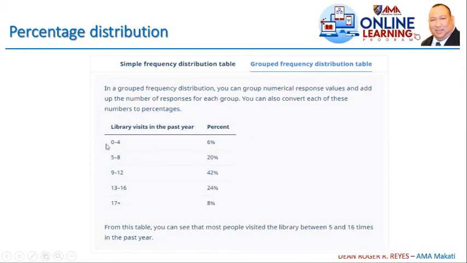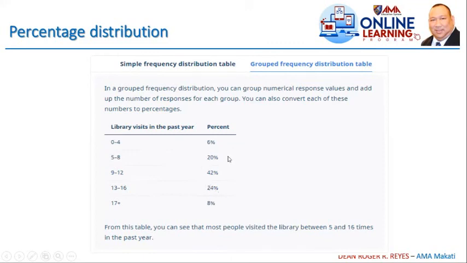Now, how do we present or interpret this or describe it? You just say from this table, you can see that most people visited the library between 5 and 16 times in the past year. Saan galing yun? Ayan, 5 to 16. Kasi 20, 42, and 24. A total of, kumbaga, 86%.